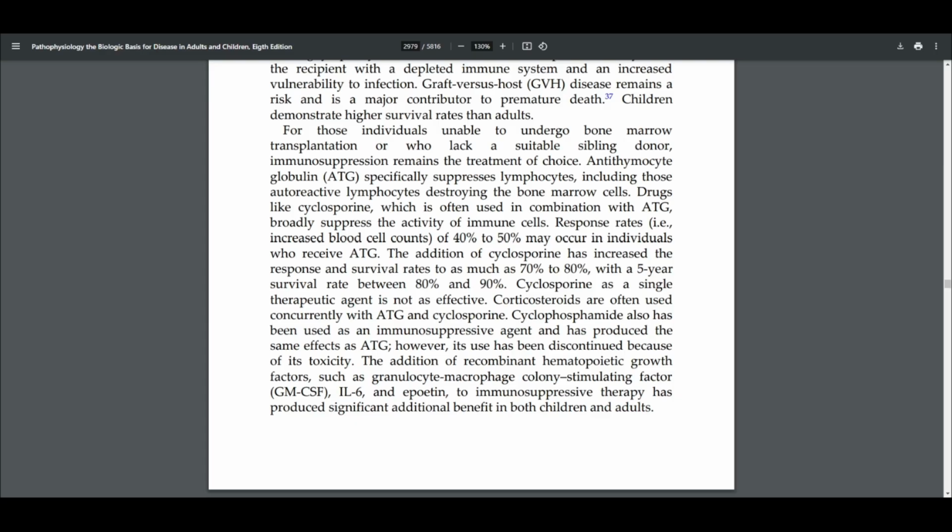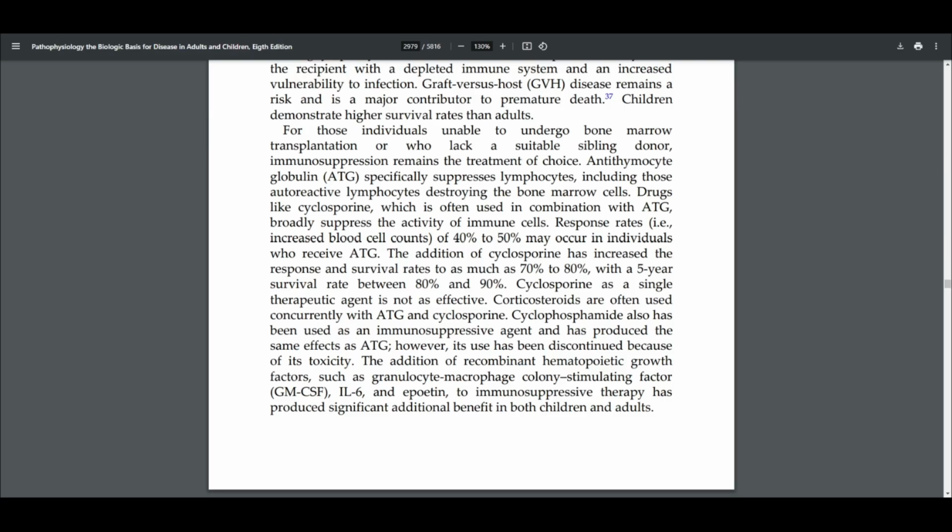Cyclosporin as a single therapeutic agent is not as effective. Corticosteroids are often used concurrently with ATG and cyclosporin. Cyclophosphamide also has been used as an immunosuppressive agent and has produced the same effects as ATG. However, its use has been discontinued because of its toxicity.